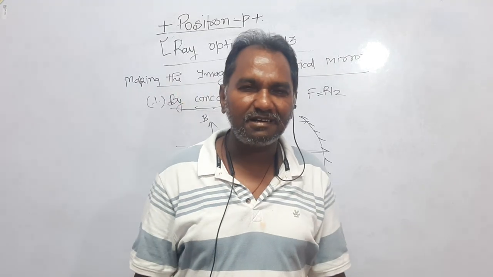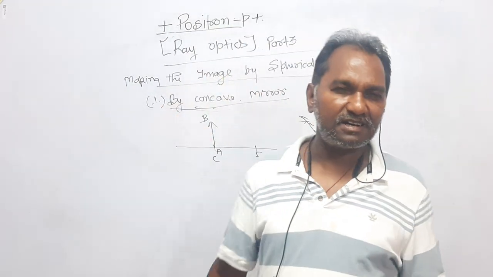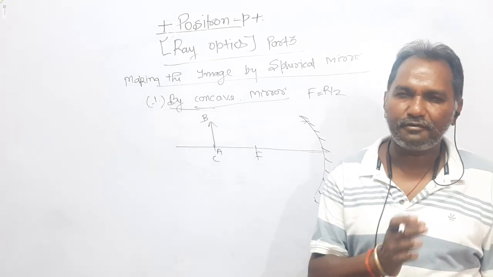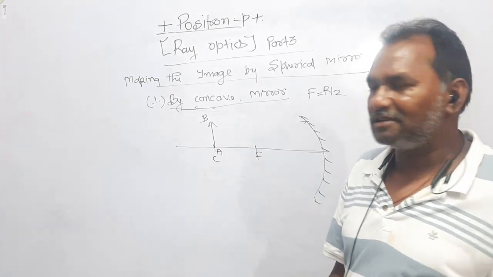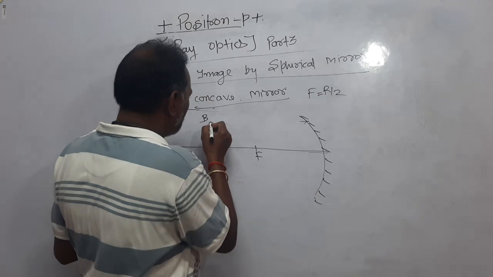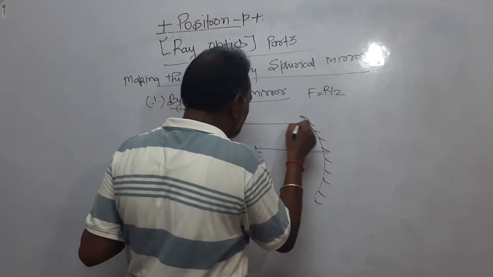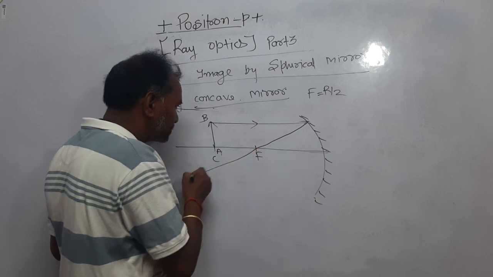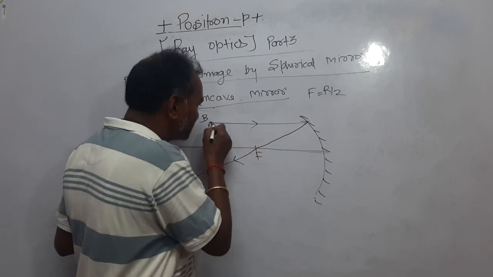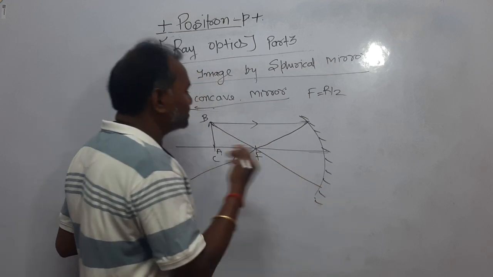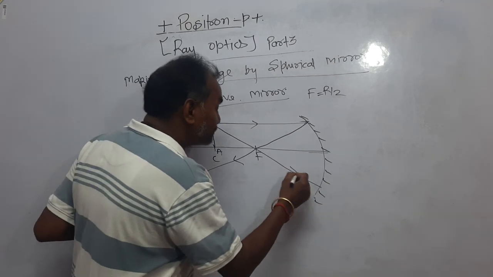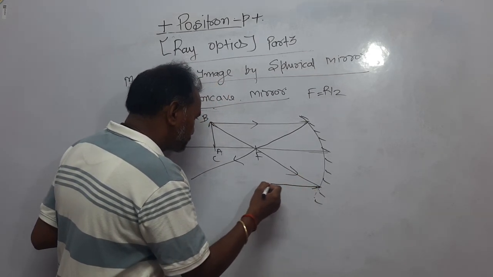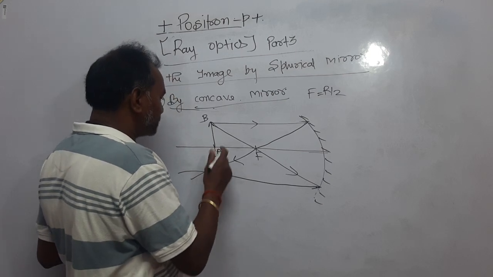First, we considered when the object was at infinity, then when the object was between infinity and the center of curvature, and now it is at the center of curvature. One ray I have considered parallel to the optical axis, that will pass through the focus after the reflection. Another ray passes through the focus, and after the reflection it becomes parallel to the optical axis.